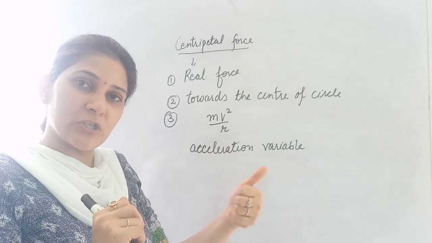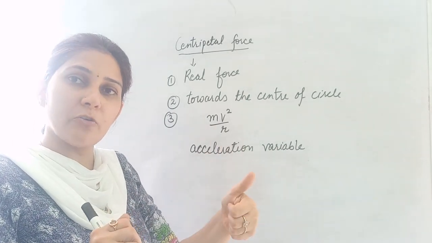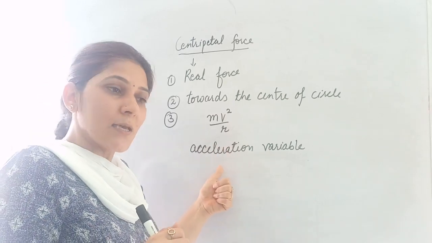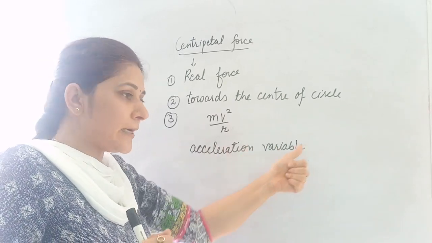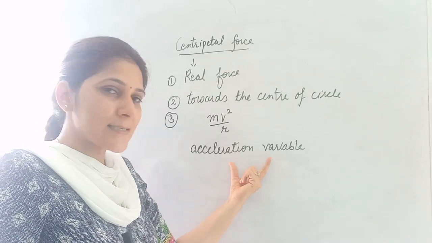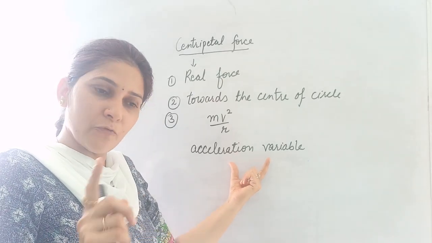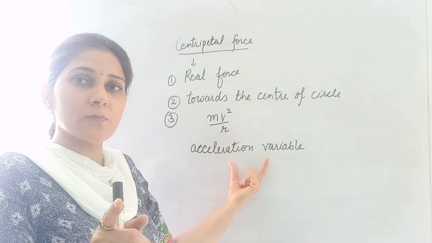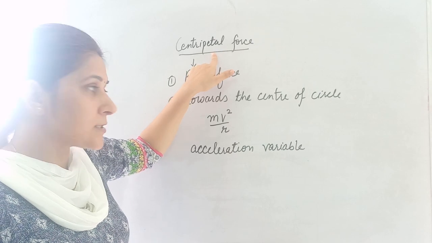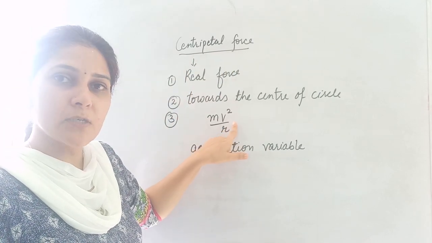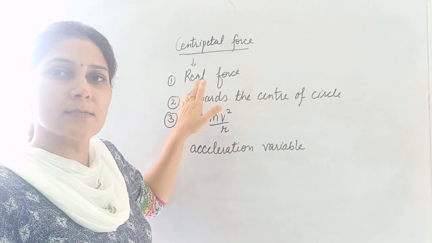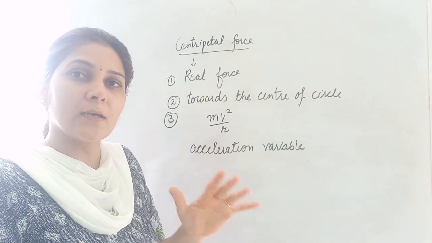But its velocity changes because at every point the direction of the particle is different, and as the direction of acceleration is towards the center, at every point it changes. That's why acceleration is also variable. And due to this acceleration, a force is assumed there because acceleration is possible because of the force. That force we are talking about is centripetal force. Its magnitude is given by mv square by r, and it is acting towards the center of the circle, and it's a real force, means actually it is there.